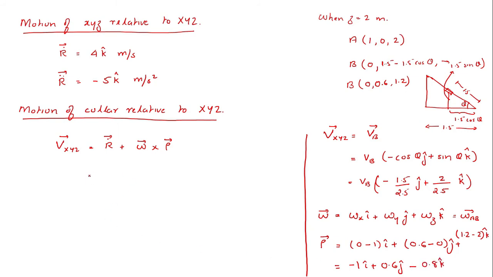So substituting all these here, we would get v capital XYZ vector, that is vb into minus 1.5 by 2.5. This will give me minus 0.6. So minus 0.6 vb into j cap plus 2 by 2.5 will give me 0.8.